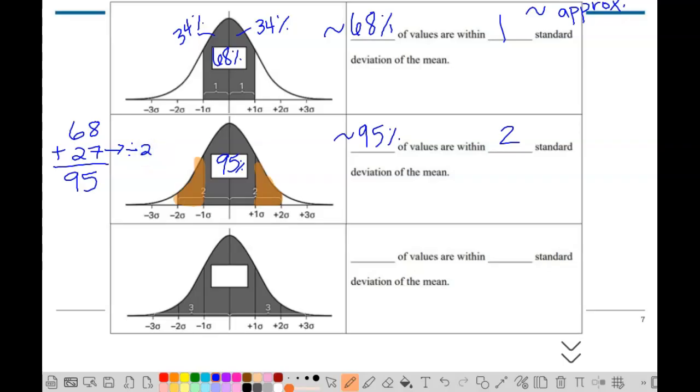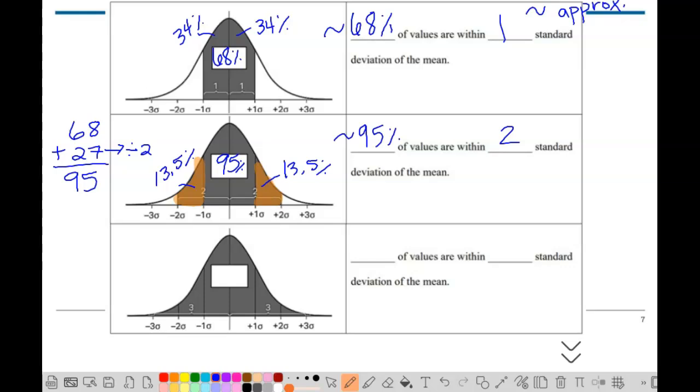How much is that? 13.5. All right, anybody confused about the 13.5?